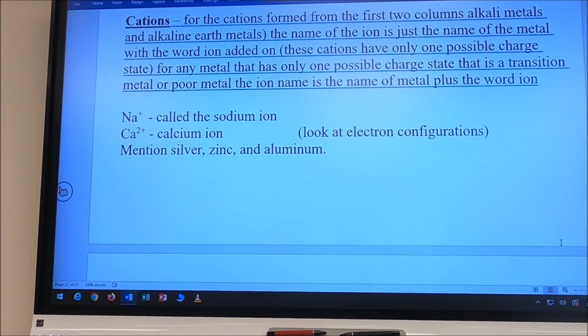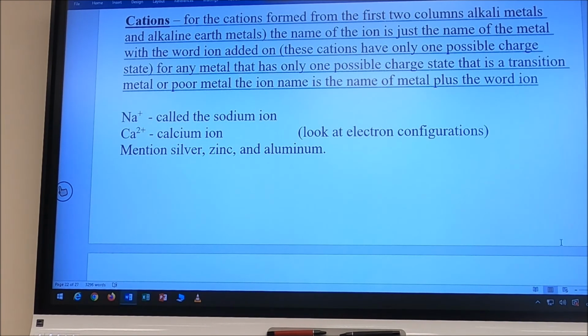Now, the names of the cations for the first 2 columns on the periodic table, the alkali metals and the alkaline earth metals, are really easy. All we have to do is take the name of the metal and tack the word ion on it. Because looking at the periodic table, we're supposed to be able to decide what the charge is.